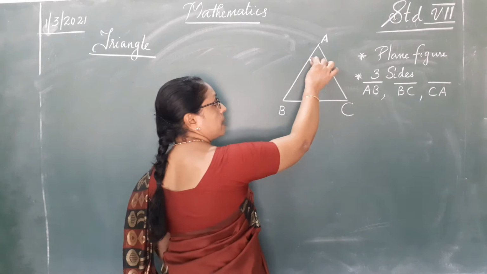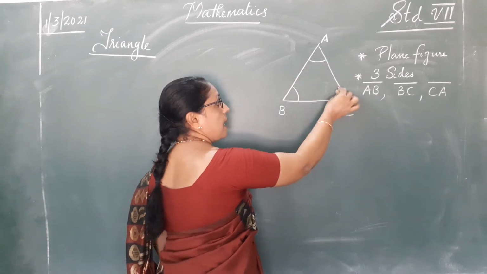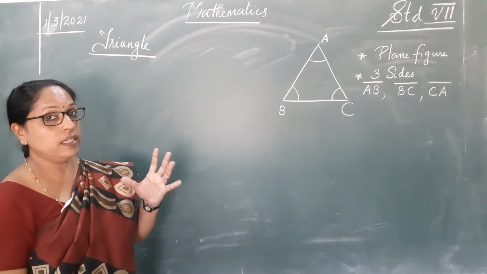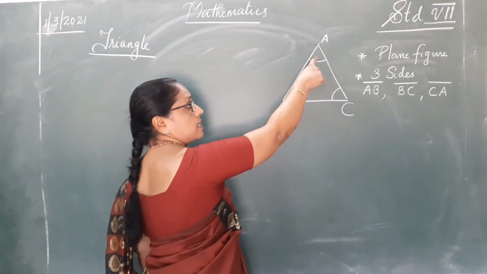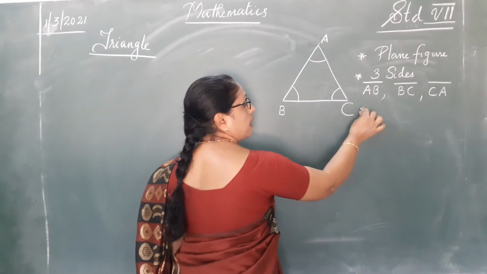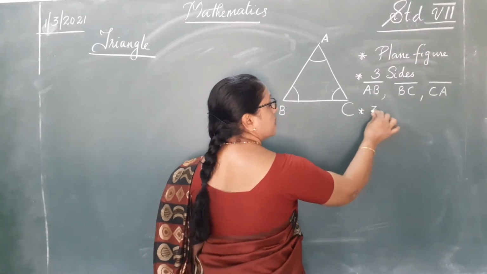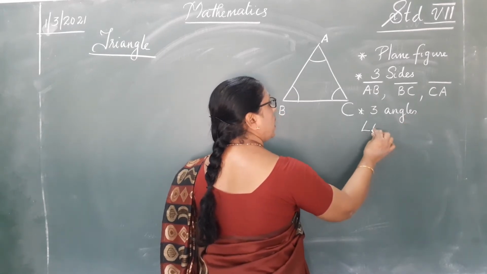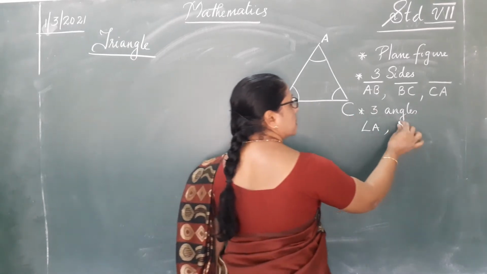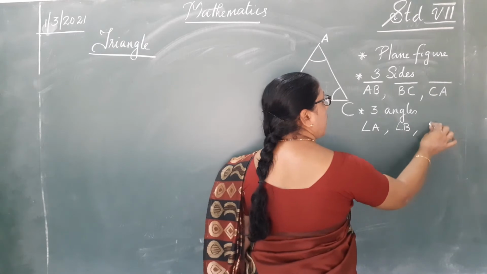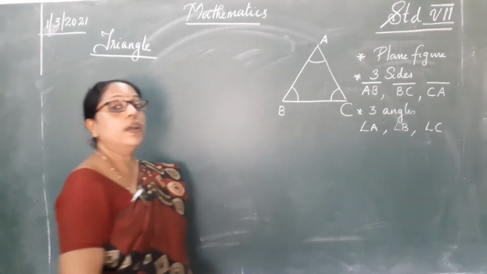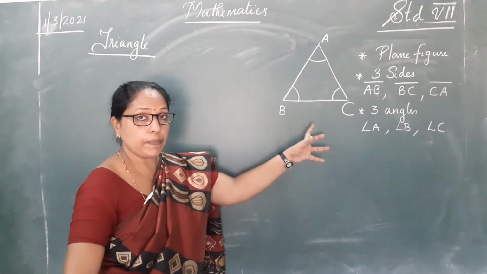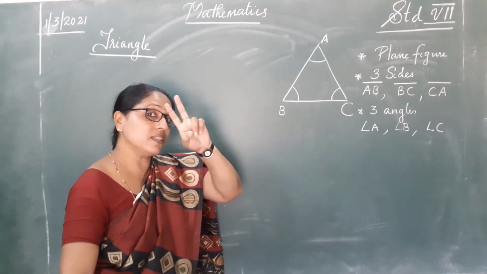Another property is it has 3 angles, right? The triangle has 3 angles. This angle is angle A. Three angles which are angle A, the second one angle B, and finally angle C. Angles can be represented with a single capital letter, or we can name them using 3 letters.